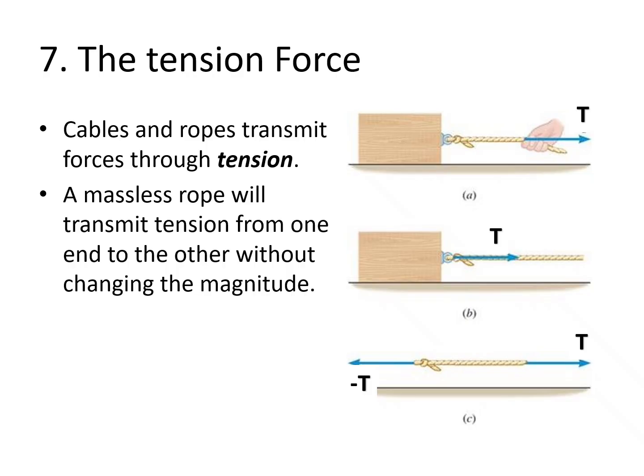In an ideal physics problem, we often assume that the rope is massless. This means the rope itself does not require a net force to accelerate any part of its own mass. Because of this idealization, a massless rope transmits the same tension from one end to the other without changing the magnitude.